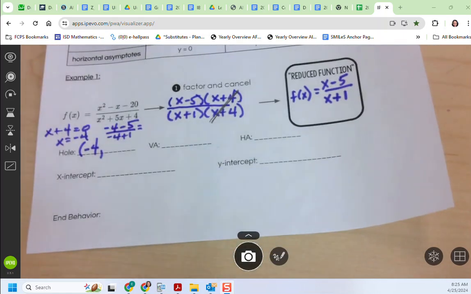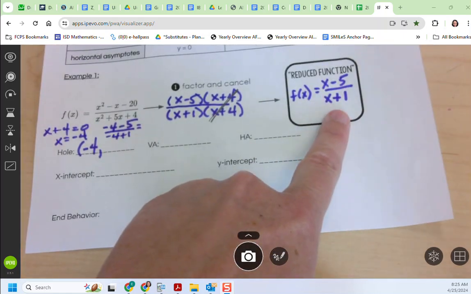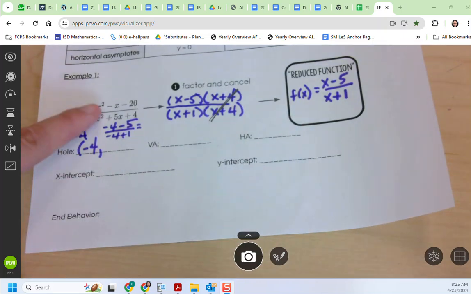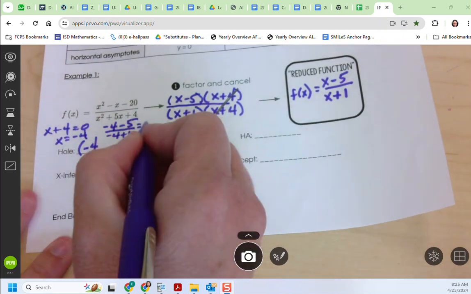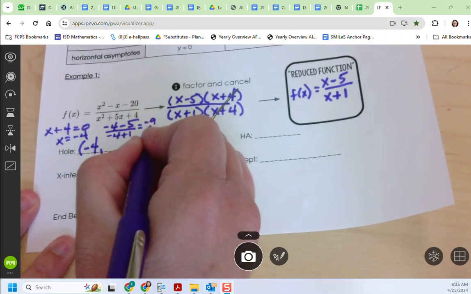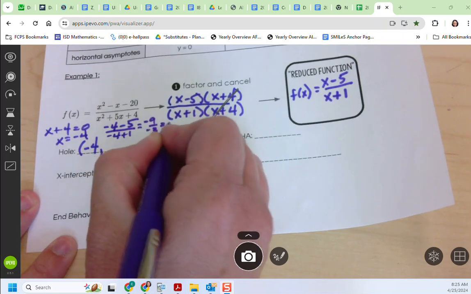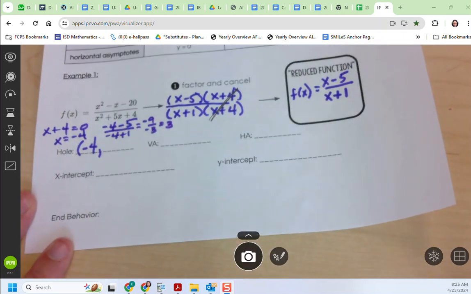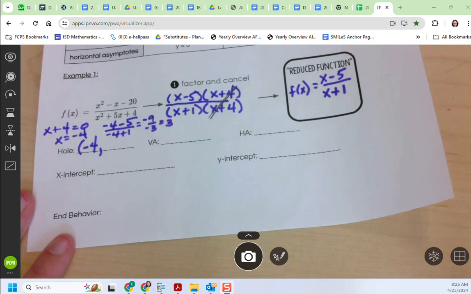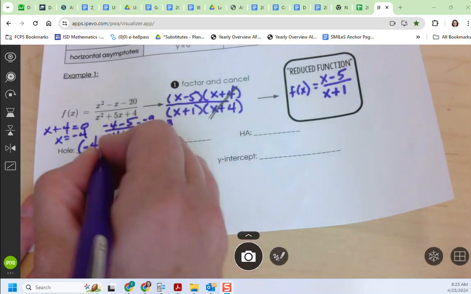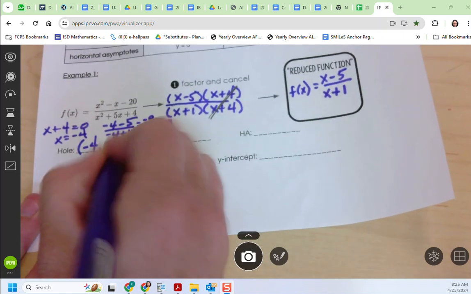I substituted negative 4 into the reduced function. It gives me negative 9 over negative 3, which is just 3. Often the y coordinate of your hole is going to be a fraction. It's just because things work out in a messy way sometimes. But this time it's just 3. So that's my hole.